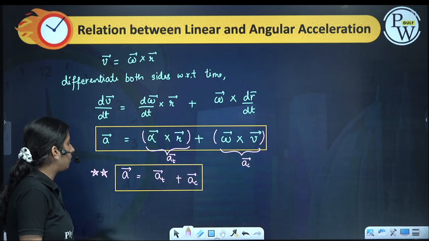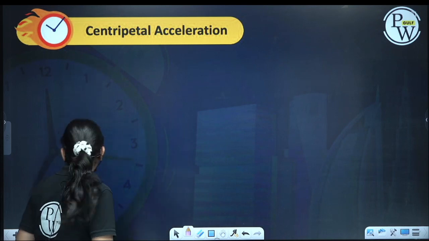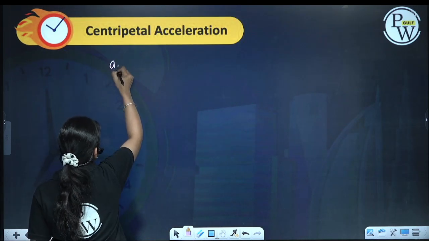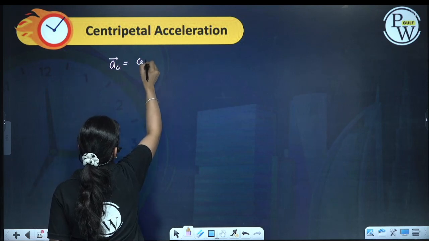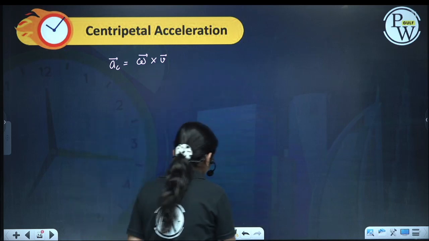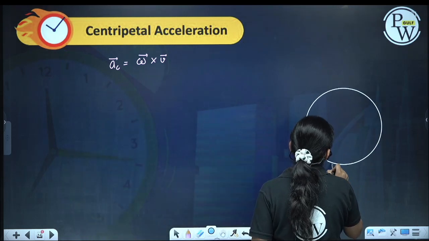Now let us see what is AT, what is AC. Centripetal acceleration. So what was AC? Centripetal acceleration is equal to omega cross V.